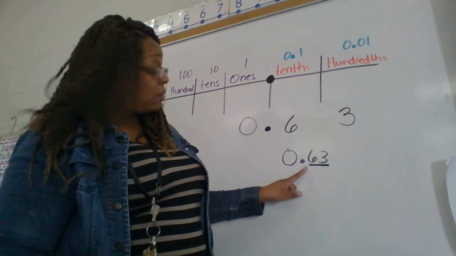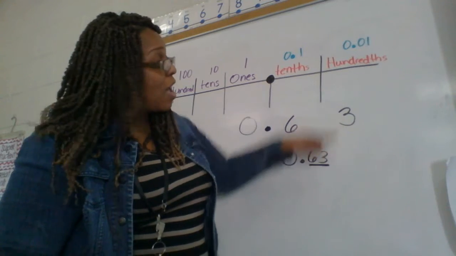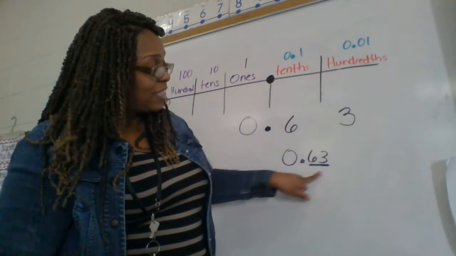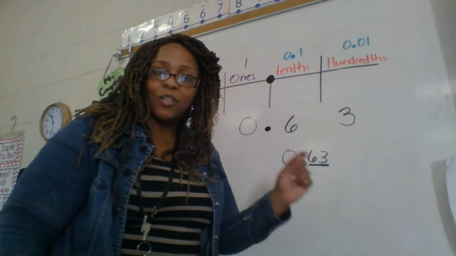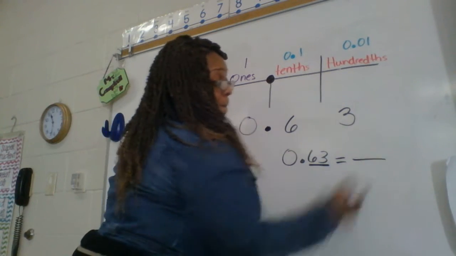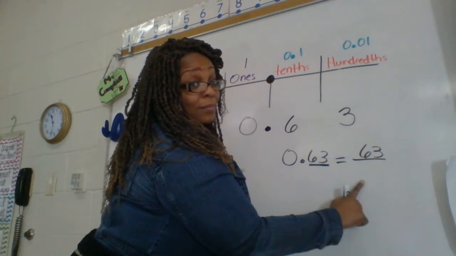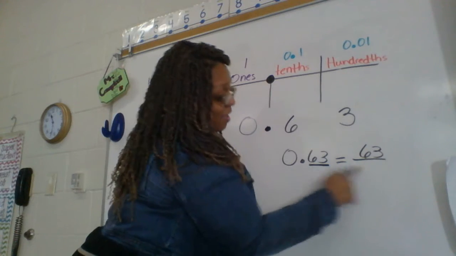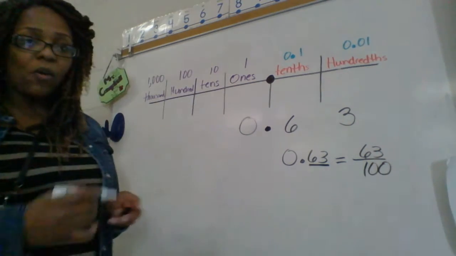So I would just say 63, and then look at that last digit place. Hundredths. So 63 hundredths. Think about that. 63 hundredths. So when we write this as a fraction, it's still 63 over 100. Hundredths. Okay, so it's real simple.